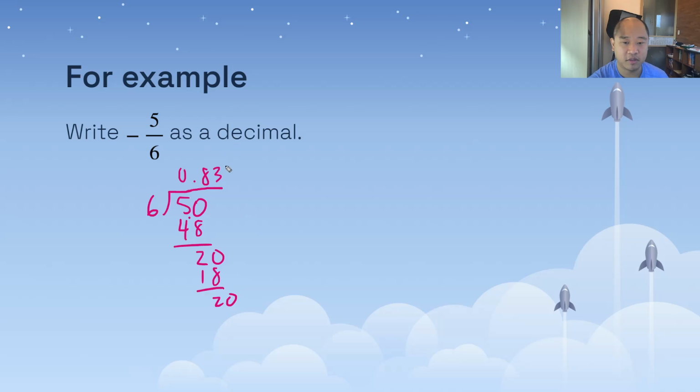Oh, looks like it repeats there. 0.833. That is the terminating decimal. I'm sorry, that is the repeating decimal for this fraction. And this is a negative, so the answer is going to be negative. So there you have it.